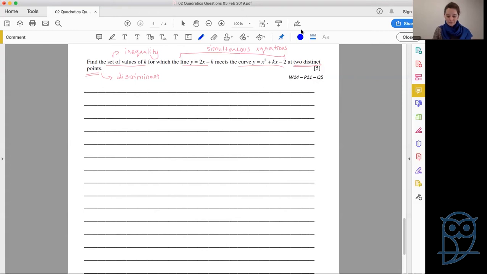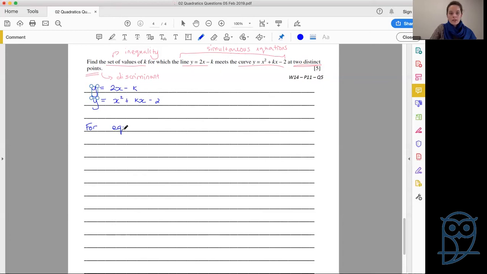So we have y equals 2x minus k, and we have y equals x squared plus kx minus 2. Now, in order to use a discriminant for intersections, we first have to build an equation of intersection. So that's where our simultaneous equations come in.